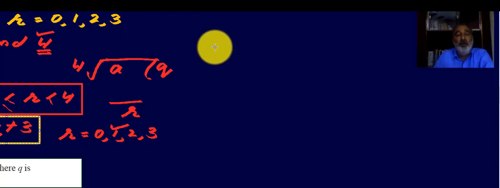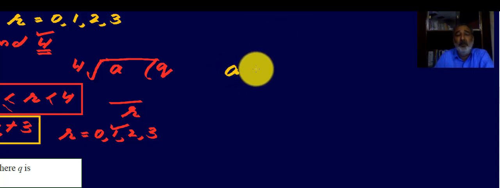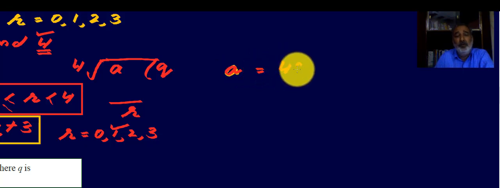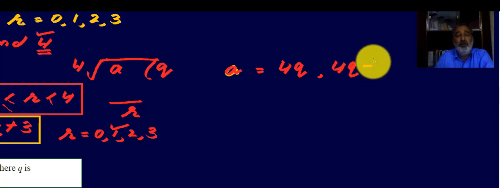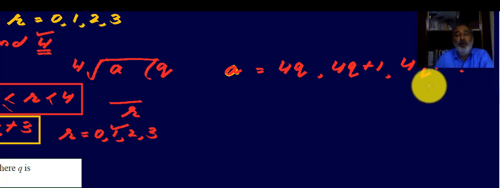I have taken the form of a. A हमारे पास था 4q, 4q plus 1, 4q plus 2 and 4q plus 3.